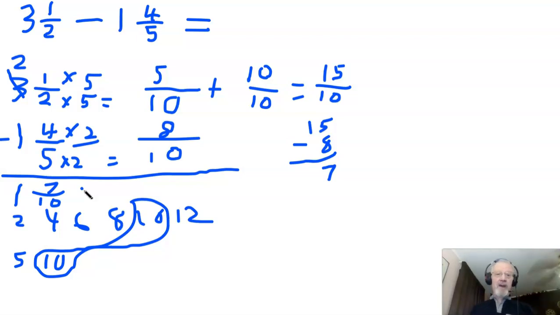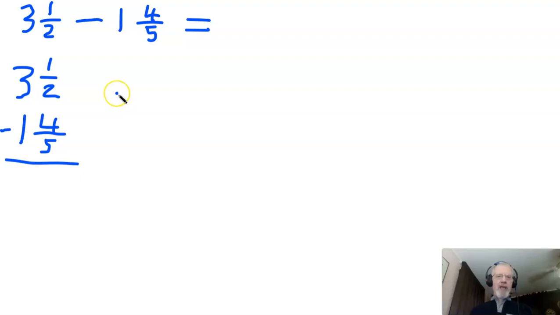There's still another way I could have done this. I could have said, I know that 3 1/2, this 1/2, all fractions are also division problems, and I could find out what that works out to as a decimal.